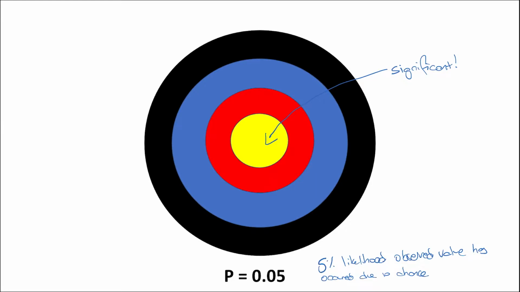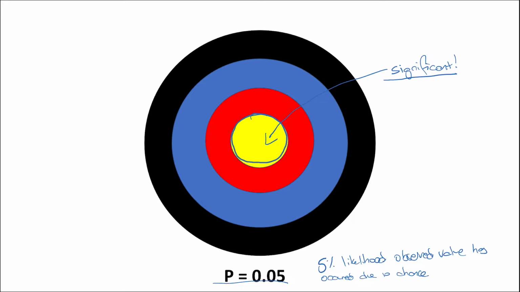What we're saying is that there's a 5% chance that that observed value would occur even if no true difference or true association actually existed. So if our data is found to be significant at 0.05, if our observed value falls within this yellow range, we can claim that our finding is significant.